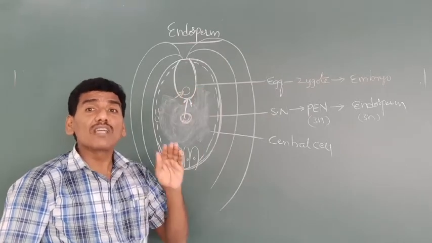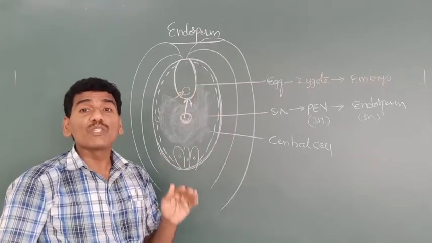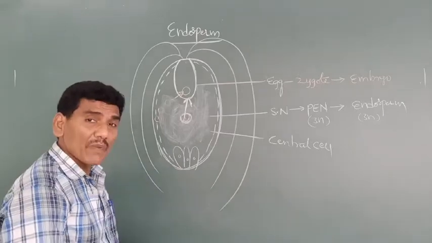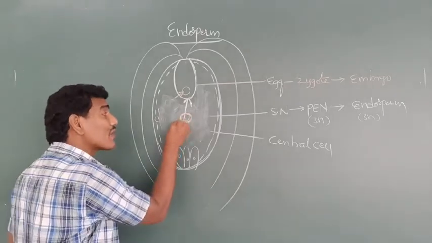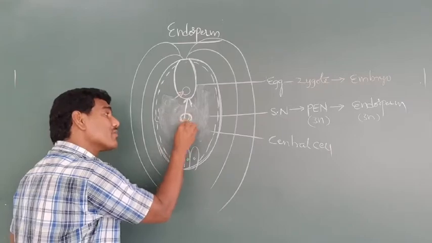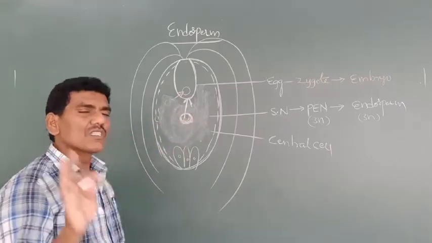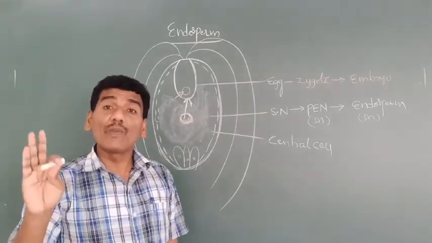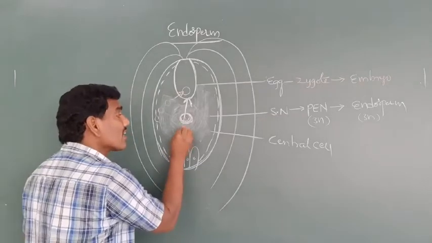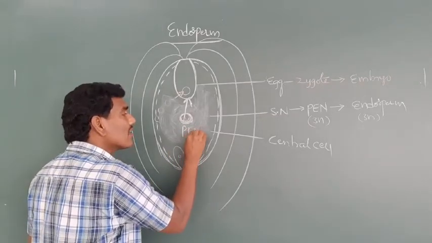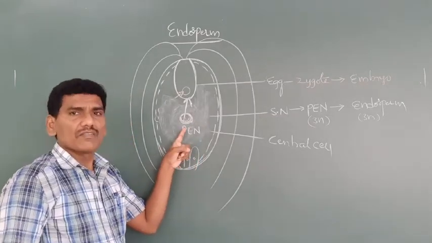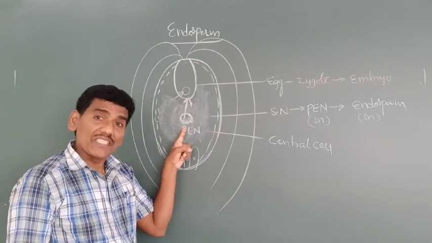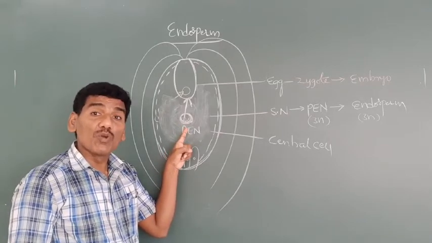Here, the most common endosperm development is shown. This is the primary endosperm cell, or primary endosperm nucleus.